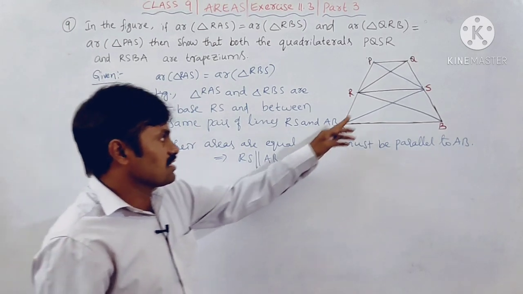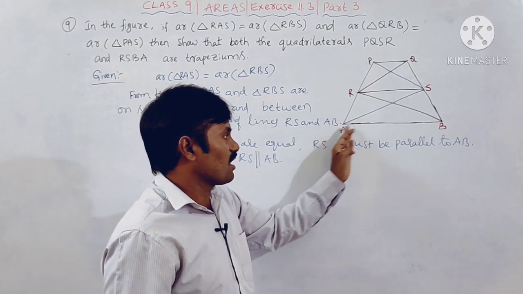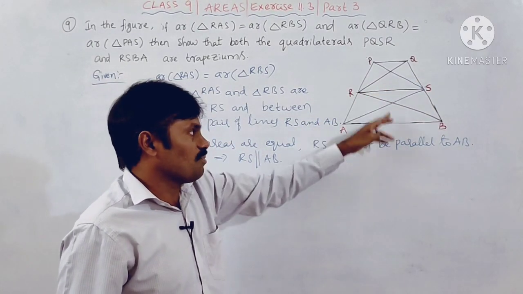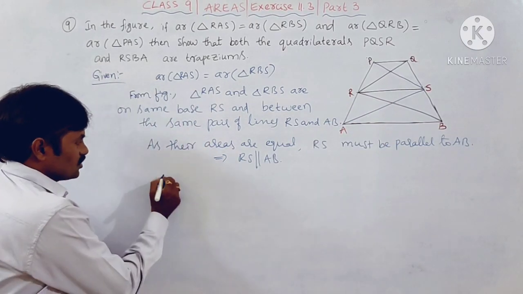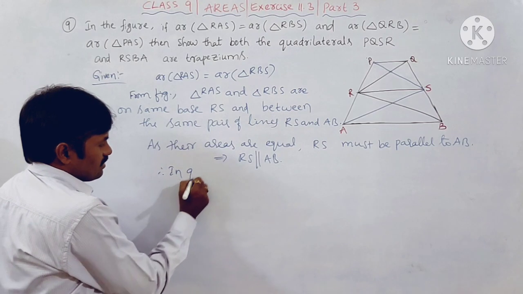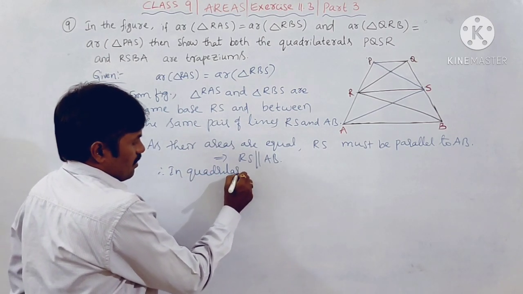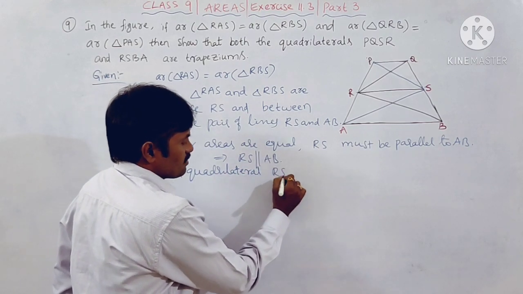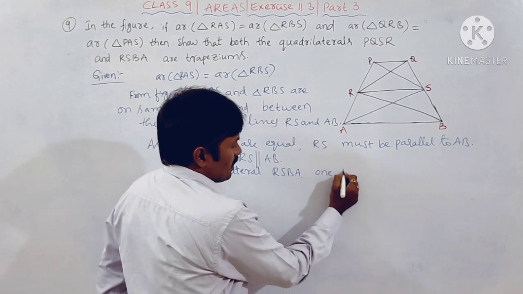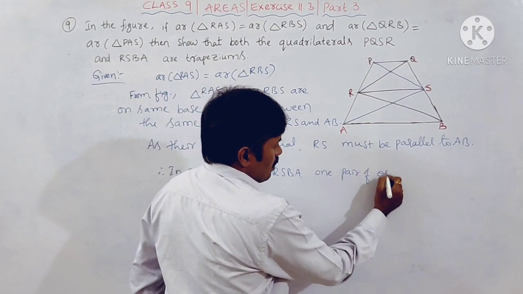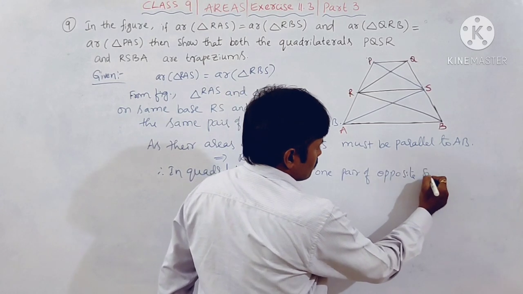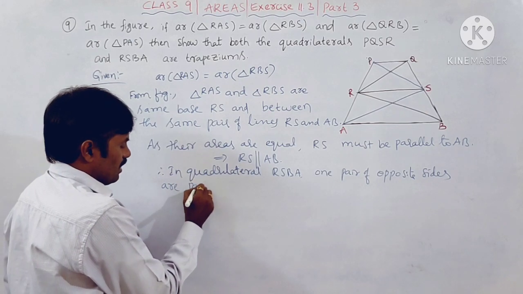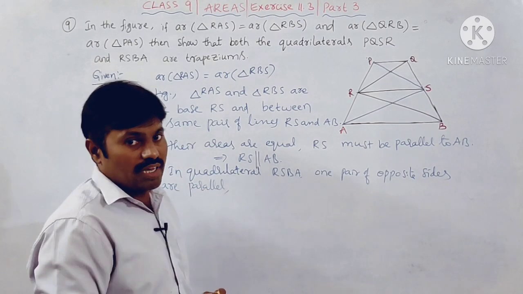Clear? Since RS is parallel to AB, in quadrilateral RSBA one pair of opposite sides are parallel.